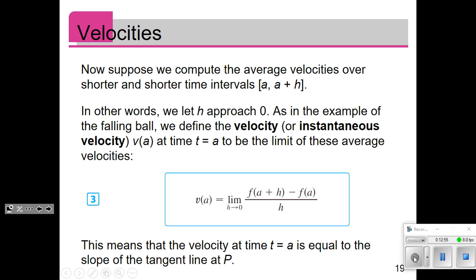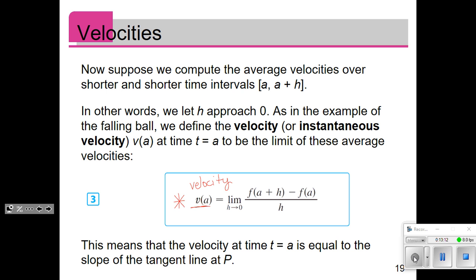So essentially we have the exact same definition here. Now it's just called something different. Now v of a is velocity at point a, or instantaneous velocity.